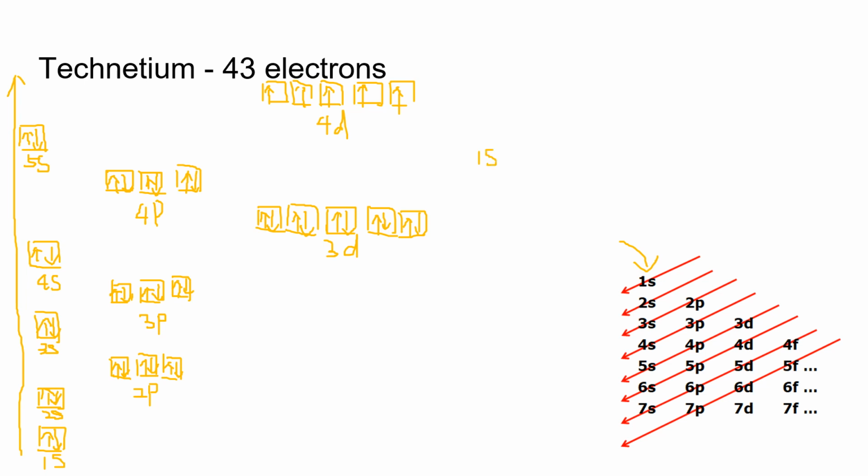The 2 electrons, so 1s2, and then 2s2, also with 2 electrons, 2p, 3 orbitals with 6 electrons, 2p6, and 3s2, also 2 electrons, and 3p6.